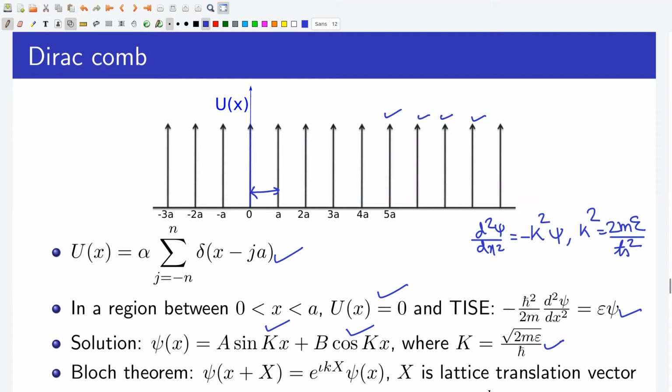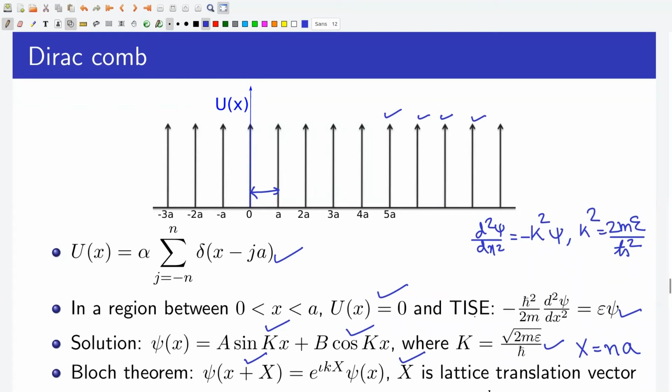Since we have a periodic potential, we can apply Bloch theorem, that is psi of small x plus capital X is equal to e power i k capital X times psi of small x, where capital X is a lattice translation vector. In general, capital X is equal to n times a, where n is some integer.